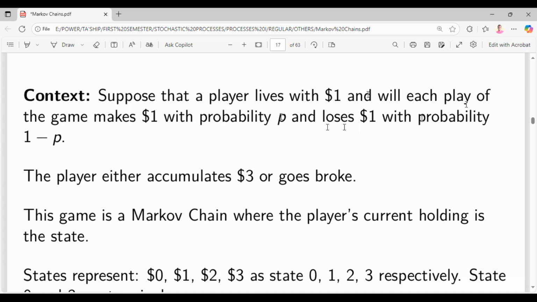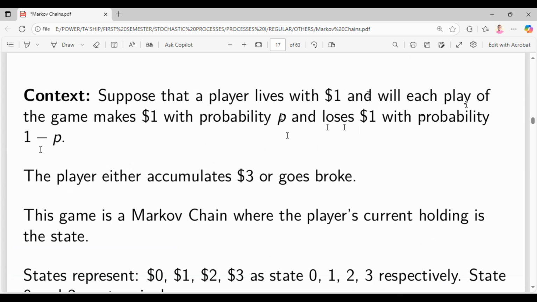They are complementary, P and 1 minus P. The player either accumulates $3 or goes broke. This game is actually a Markov chain. Let's proceed and see what will happen.